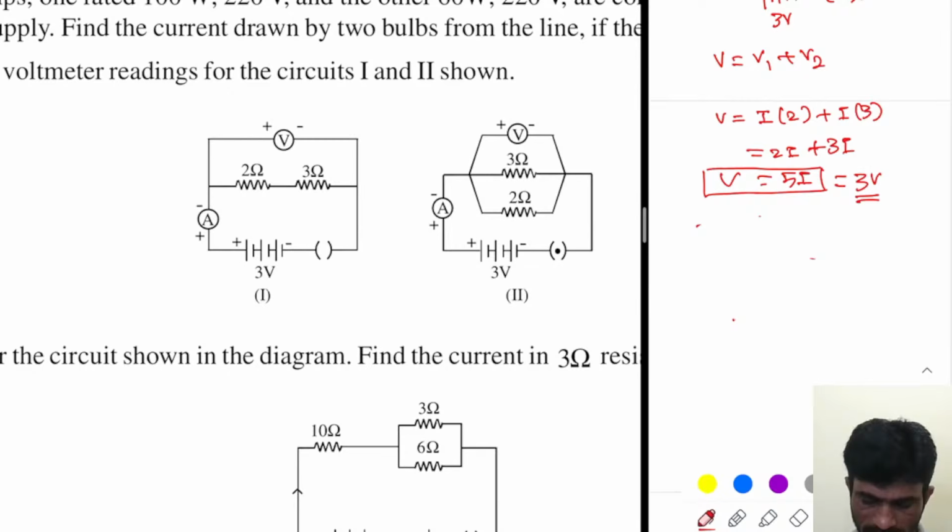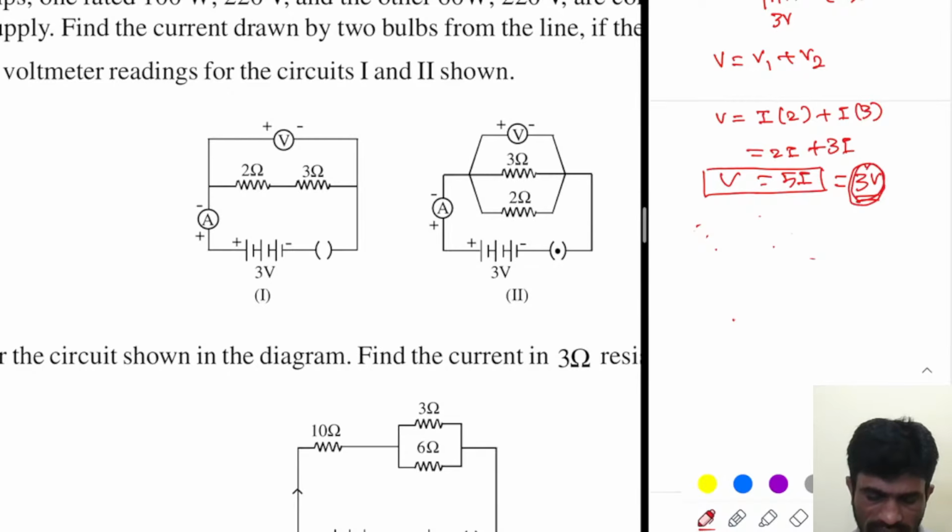What is the V1 formula? V1 is equal to I1 R1. We do not know I. Let it be like this, but overall it is 5I. 5I is nothing but again 3 volts only.